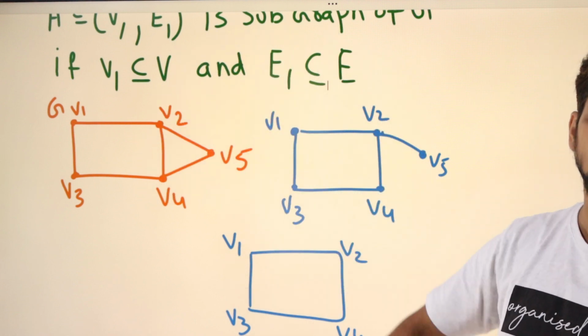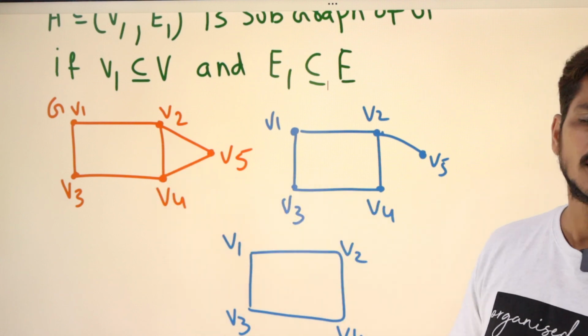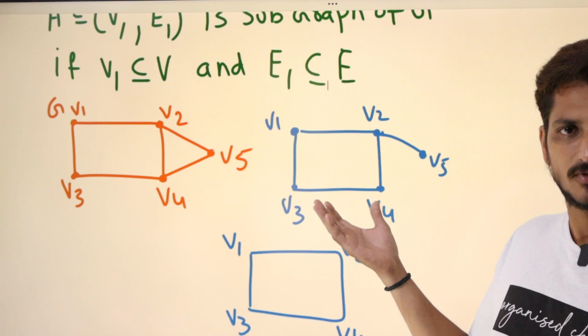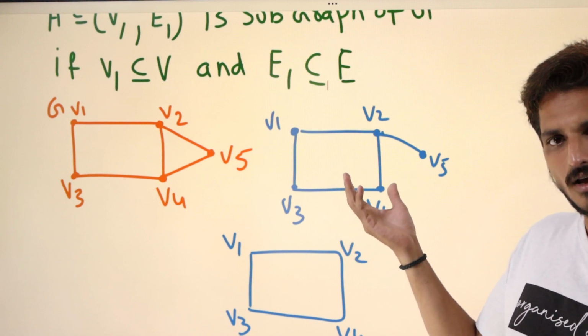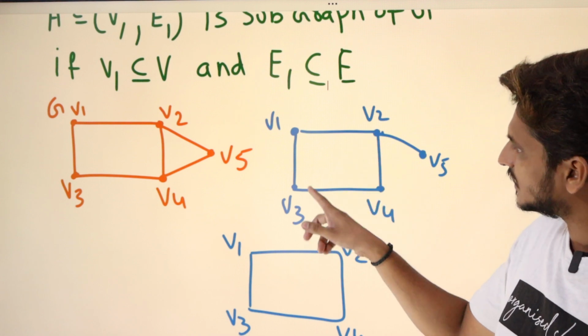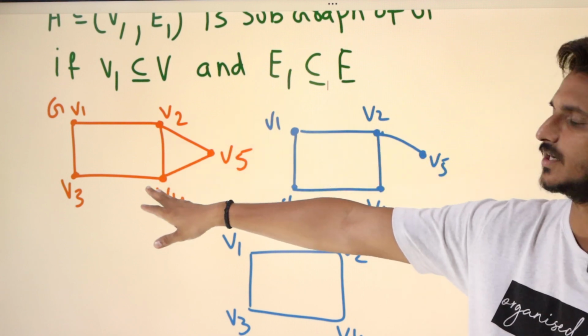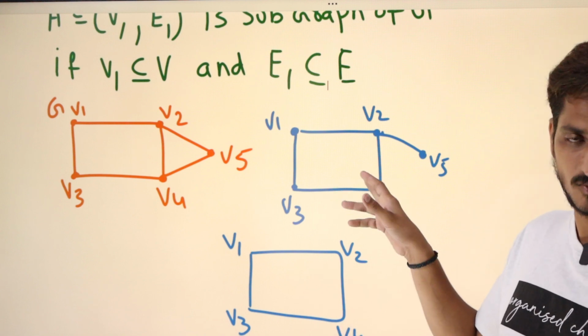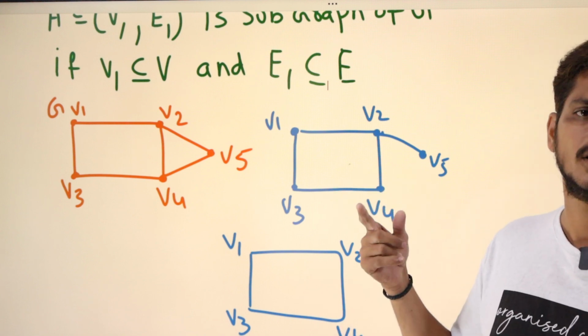Yes, it is maintaining that property. Here, how many vertices are there? 5 vertices are there. All the vertices are included here. Then we can definitely say the set of vertices is a subset of this set of vertices. Then we call this a subgraph.